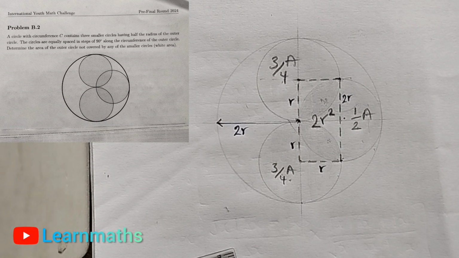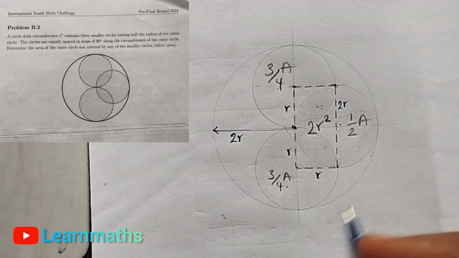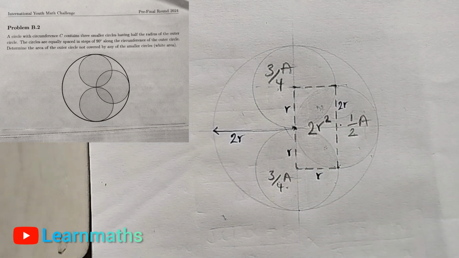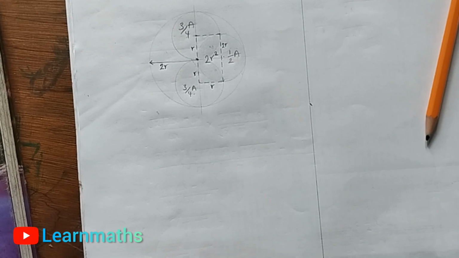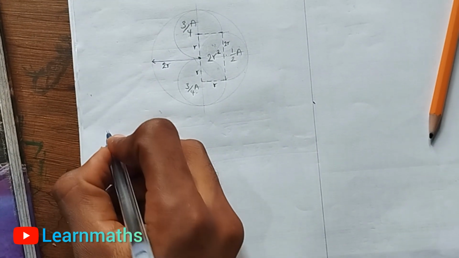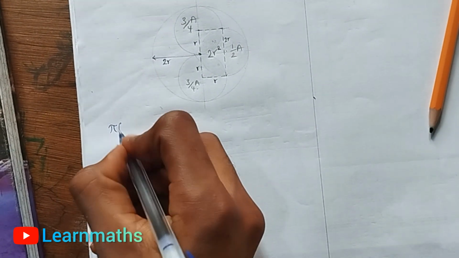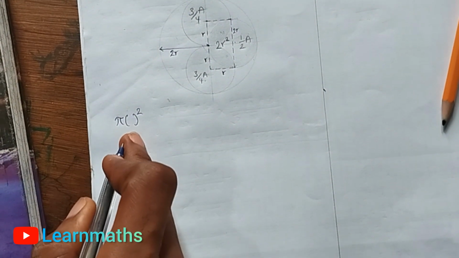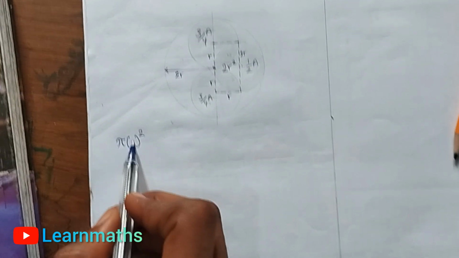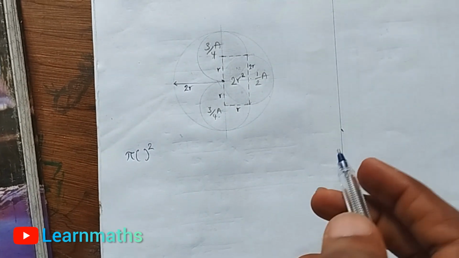Let's get the areas. Now, the area of the outer circle. Let's start with that. The area of the outer circle is going to be pi r squared, right? That's the formula for finding the area of a circle. Now, what's going to be our radius? What's the radius of the outer circle?